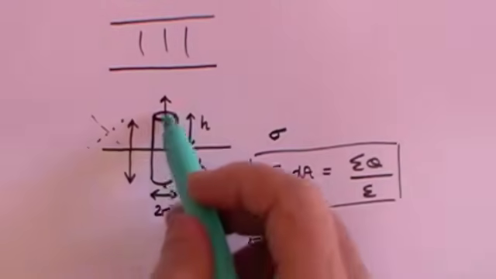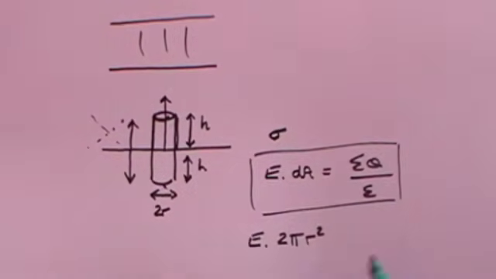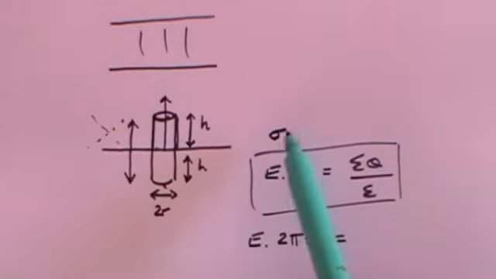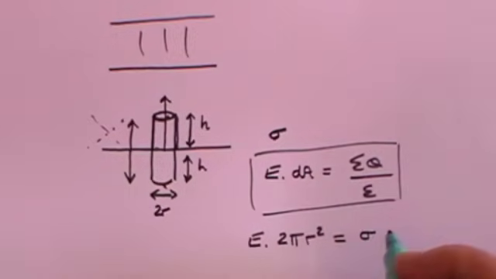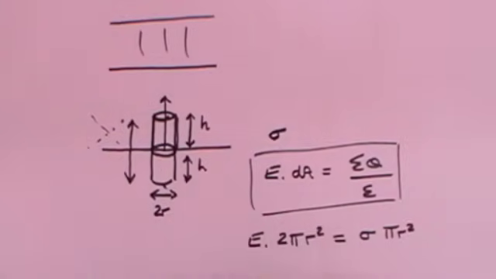The flux is going out at 90 degrees to the surface, so we don't really need to worry about the dot term. What is the charge within that cylinder? It's going to be the charge per unit area times the area. The charge per unit area, we've said, is sigma, and the area is pi r squared, because that's the area of the charge on the plate inside the cylinder, divided by epsilon.